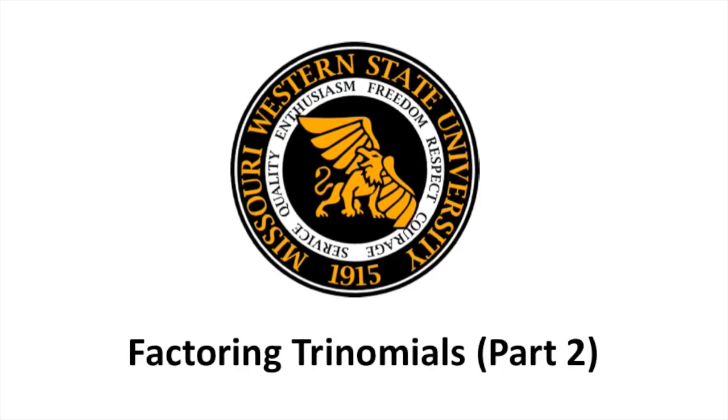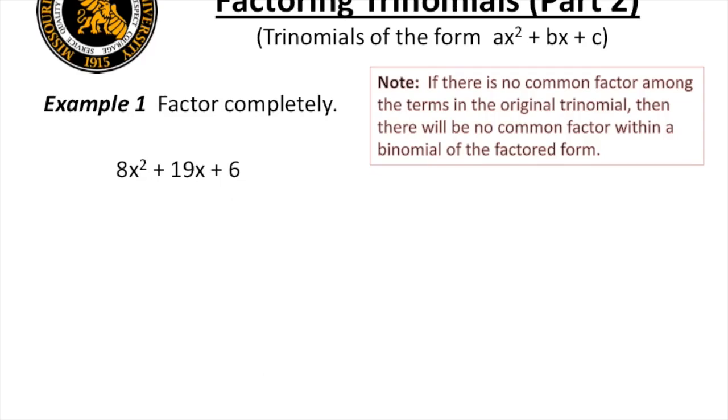Factoring trinomials, Part 2. Factoring trinomials of the form ax squared plus bx plus c, where a doesn't equal 1, is a bit more challenging. Consider the trinomial in example 1: 8x squared plus 19x plus 6.